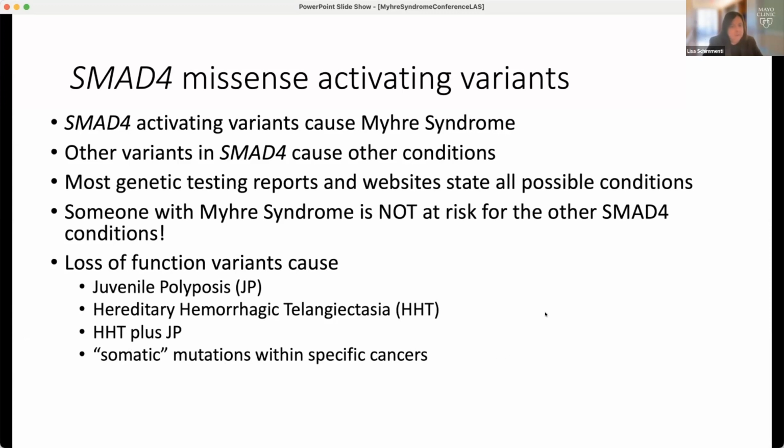People with Myhre syndrome who have SMAD4 variants are not at risk for these other conditions, and they only have one variant in SMAD4. So your SMAD4 is not dynamic. It's not changing. You have the SMAD4 variant that you started out with and have it for your whole life in the cells of your body.